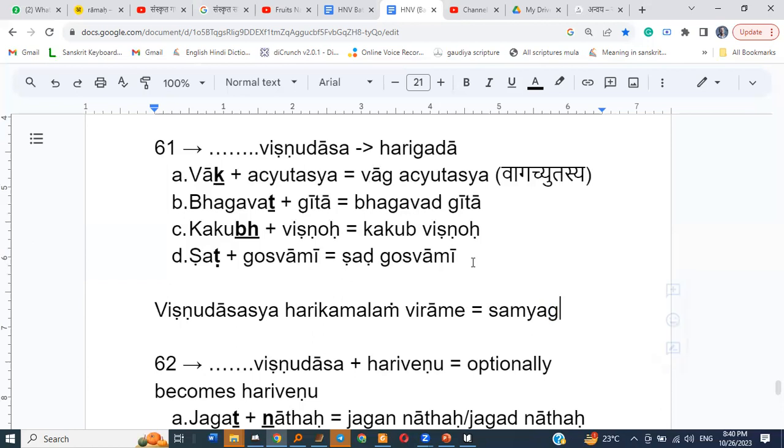So this is called virama. Now, such Vishnu Dasa becomes Hari Kamalam, and this is actually an optional rule. So samyak or samyag. So there is this rule which will come ahead. When there is nothing else following, optionally the Vishnu Dasa becomes Hari Kamalam.